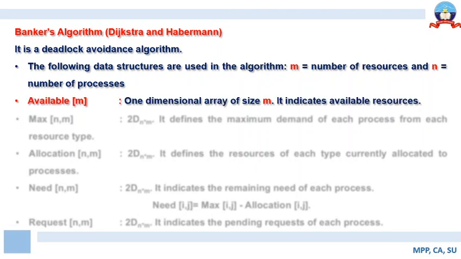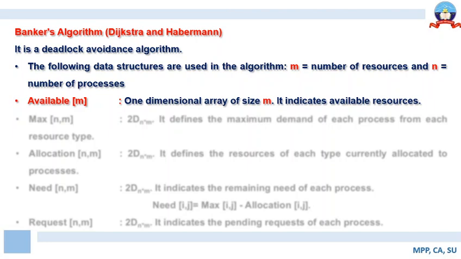The first one is called Available[m]. Available[m] is a one-dimensional array of size m which indicates the available resources that are there in the system.